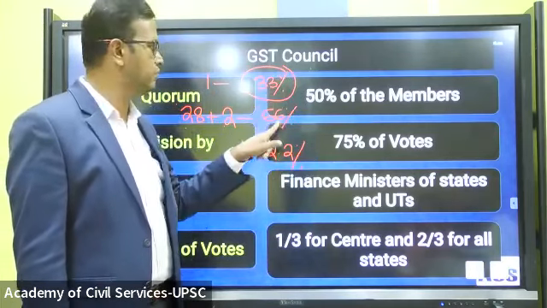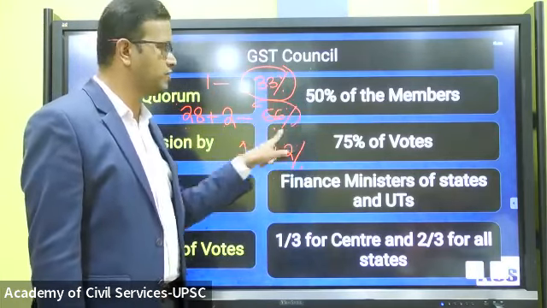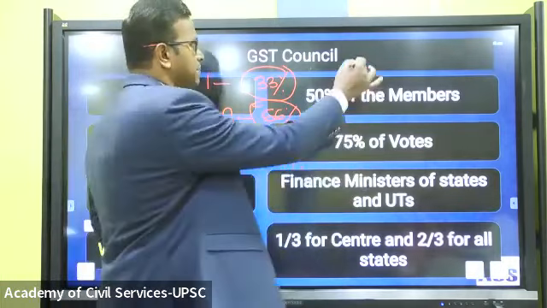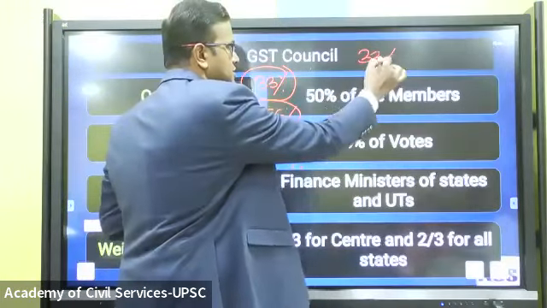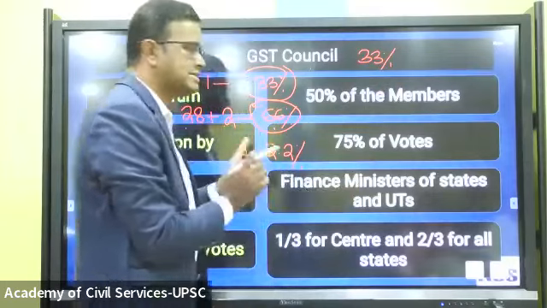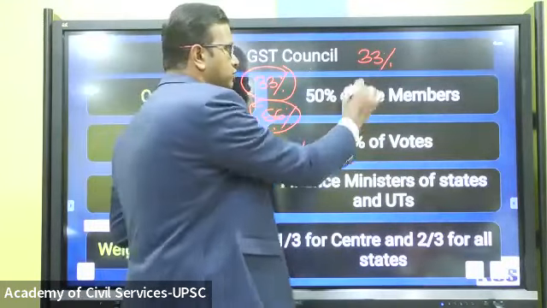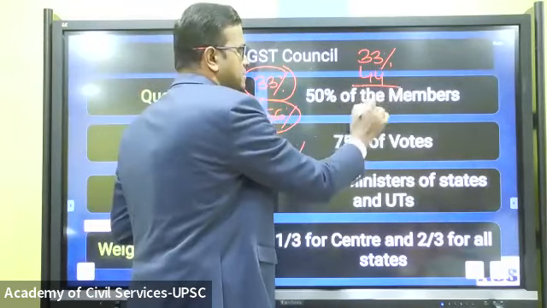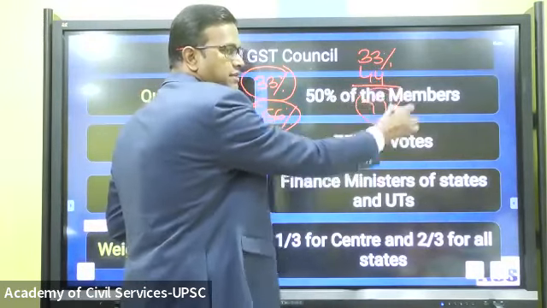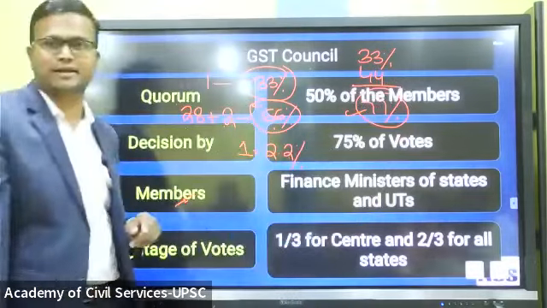Then also it is not possible, because only 66% of total votes will be there. That means the center's support, 33%, is mandatory. A minimum of some 20 states' support is also mandatory. Then 20 states multiplied by 2.2 gives 44%. That means some 77% comes, more than 75%, and the decision can be taken.